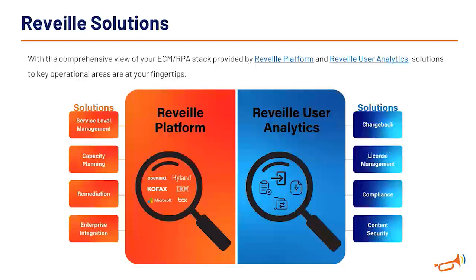Solutions such as service level management, capacity planning, remediation, and enterprise integrations are all bundled on top of the Reveille platform code. Solutions like chargeback and license management and compliance and content security are all bundled with the Reveille user analytics code to provide you a heck of a lot more information than just basically monitoring.